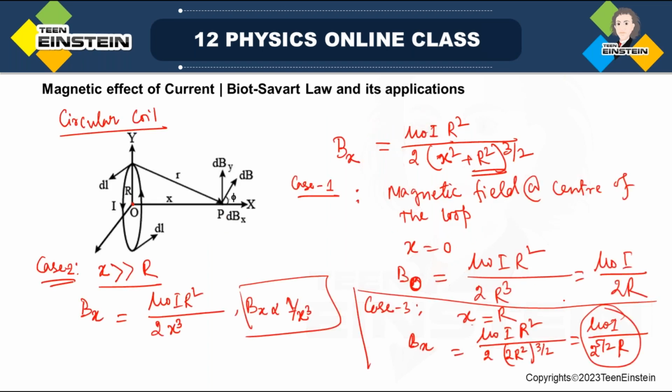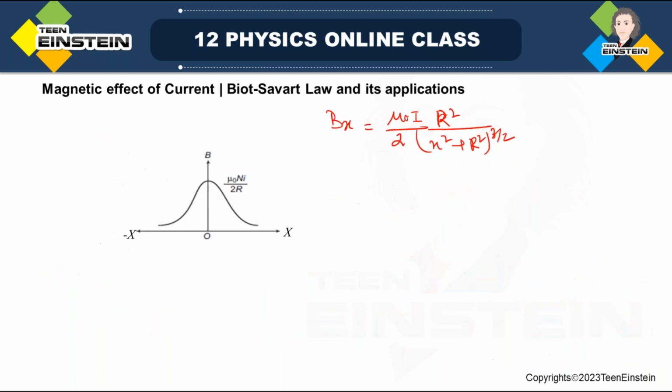You can see that here. This is the magnetic field at the center, so that will be maximum. And if you go on either side, x positive or negative, you get smaller and smaller values.